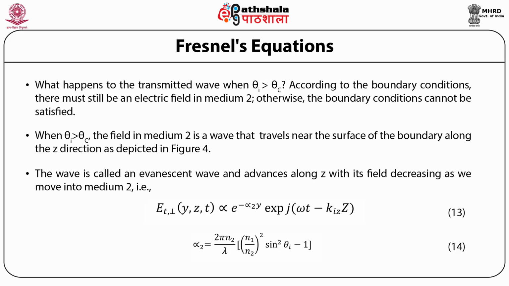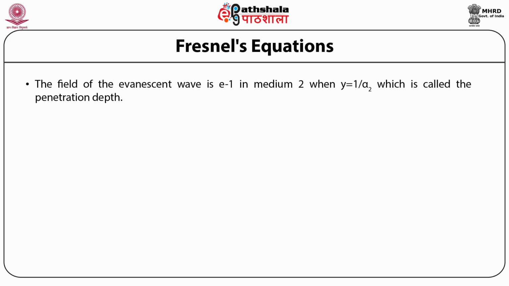According to equation 13, the evanescent wave travels along z and has an amplitude that decays exponentially as we move from the boundary into medium 2 along y, as shown in figure 1b. The field of the evanescent wave is e to the power minus 1 in medium 2, where y is equal to 1 by alpha 2, which is called the penetration depth.